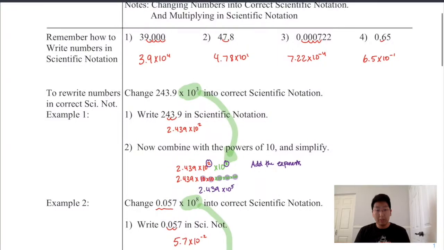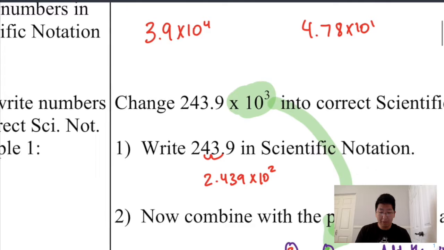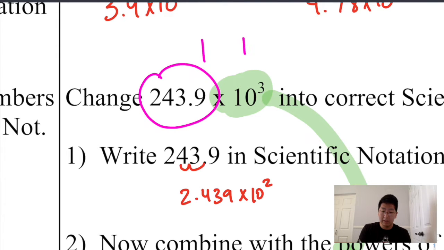The next thing we talked about was multiplying scientific notation, and also just changing numbers so that they're in scientific notation form. So here we have this number 243.9 times 10 to the third, and 243.9 is not less than 10. It's greater than 10, so this is not in scientific notation. We need to put it in scientific notation, making this number in between 1 and 10.